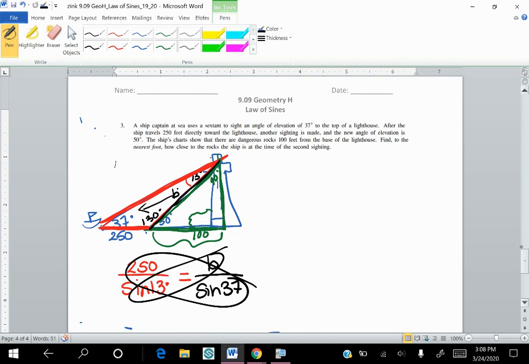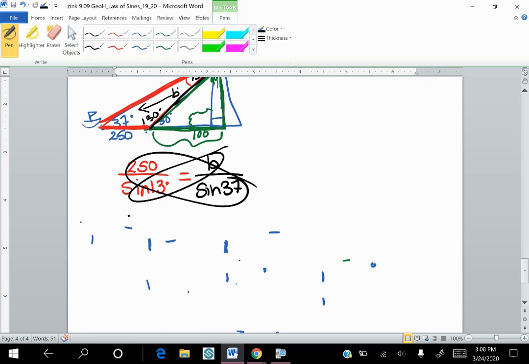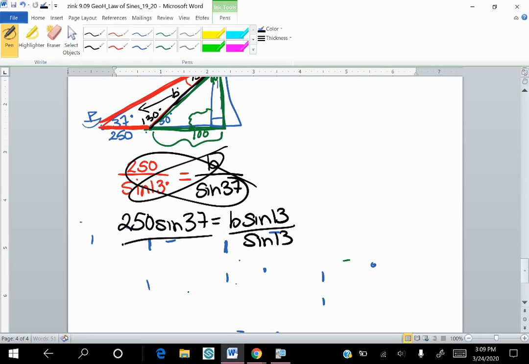We've got 250 times sine 37 equals B times sine of 13. Divide both sides by sine of 13. Again, use your alpha y equals. Write out your entire decimal for B, which I got to be 668.8288536.